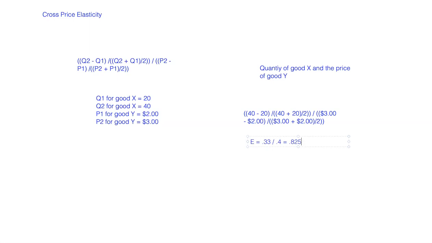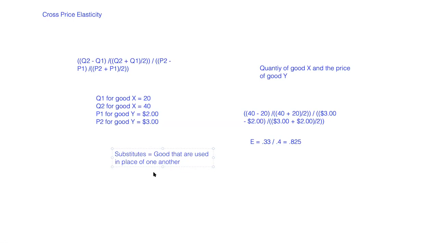Okay, so what does that mean? Let's take a look. We have two types of goods for cross-price elasticity. We have substitutes, which are goods that are used in place of one another. A good example could be tea or coffee. Both give you caffeine.